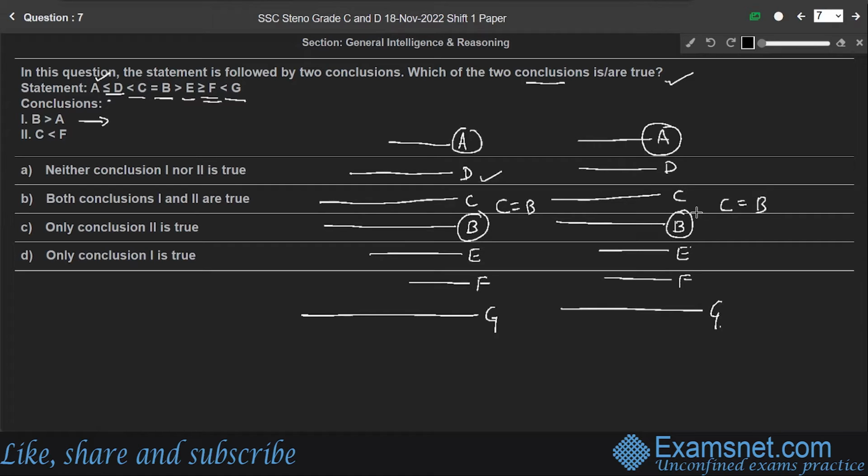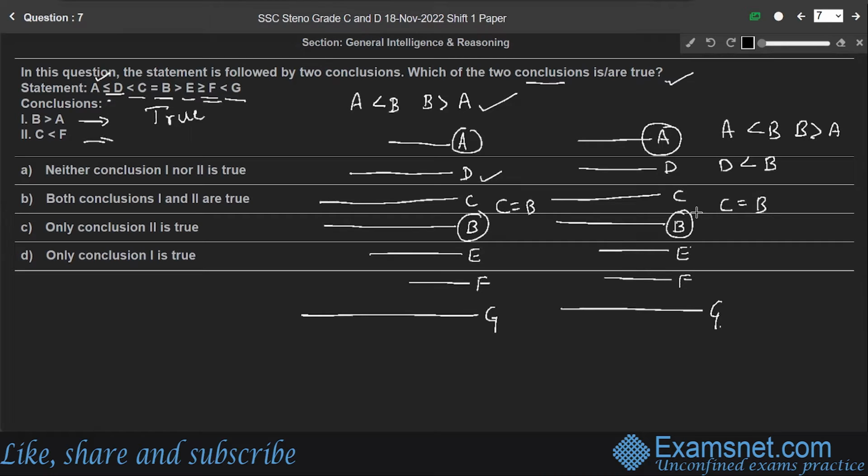Therefore, in the first case, we can conclude A strictly less than B. In the second case, since D is strictly less than B, A is also strictly less than B. So considering both the cases, we can conclude B greater than A is a true conclusion.